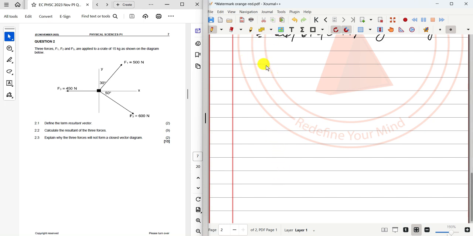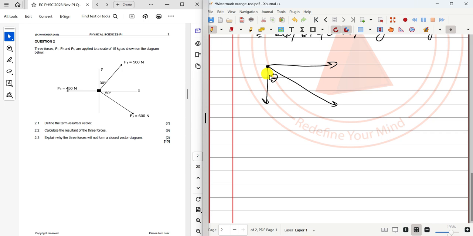I want you to see this. This is your y here, it goes like this. And your x goes that way. This therefore tells us that the resultant must be coming this way. Your angle, I want to think of it to be here.